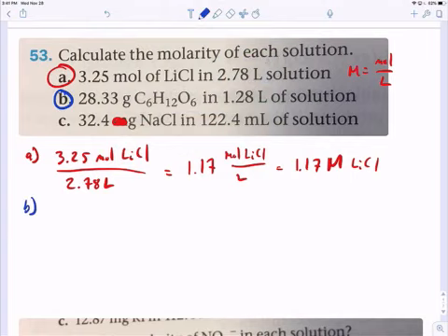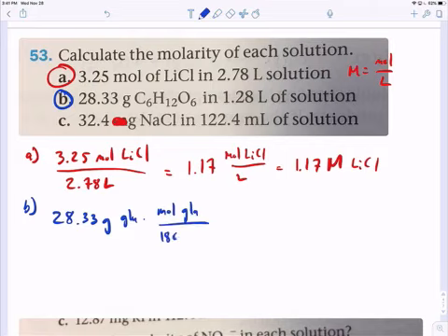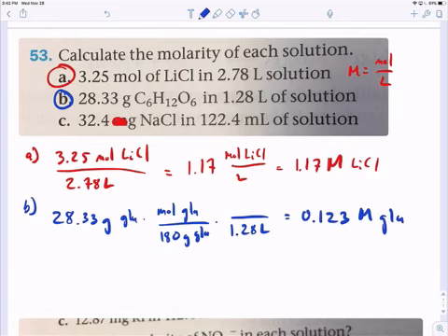This one is a little bit different, so 28.33 grams glucose times mole glucose over 180 grams glucose times, just divide by 1.28 liters. 0.123 molar glucose.